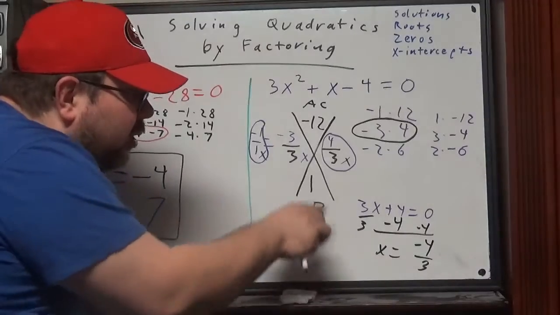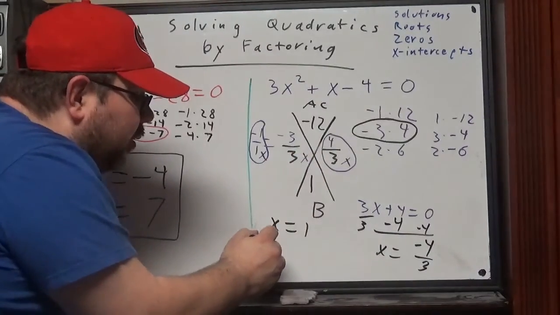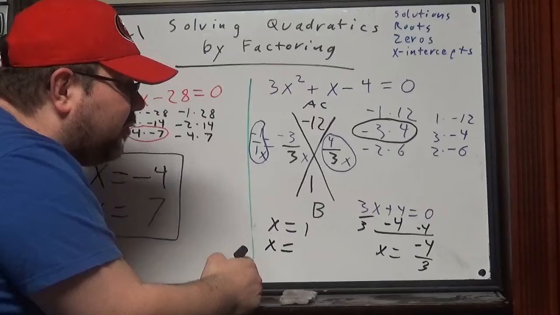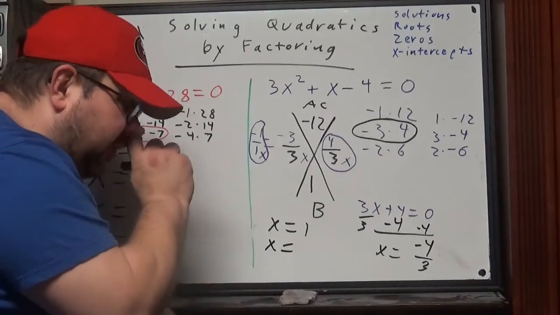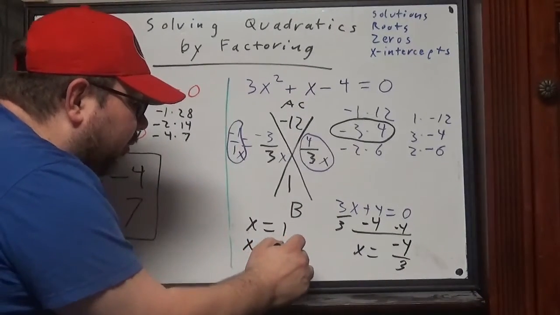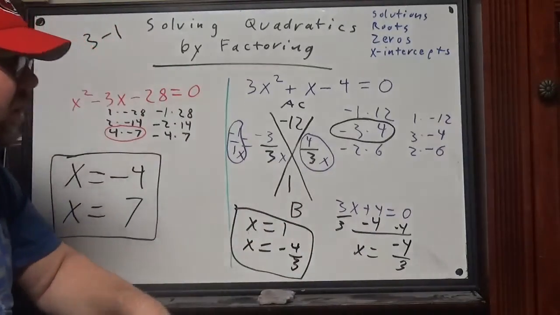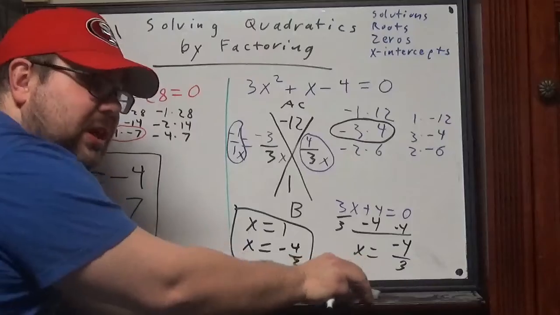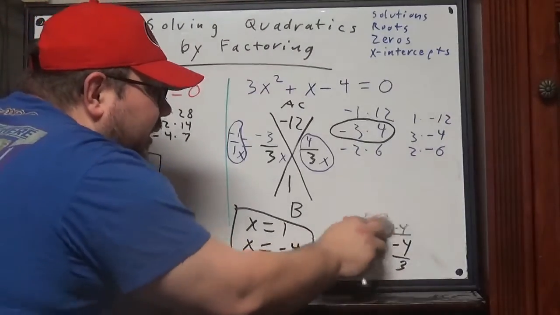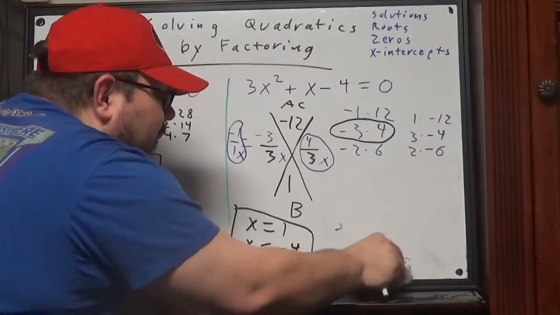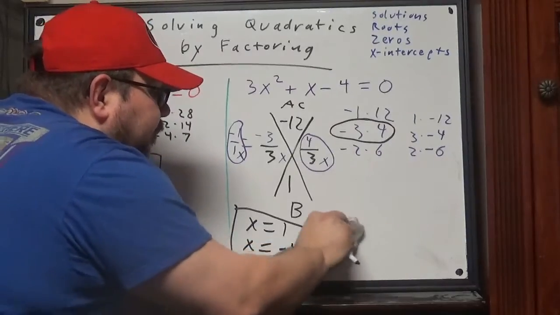This part, I have 4 over 3. If I flip the sign of positive 4 over 3, I get negative 4 over 3. I don't have to do this two-step equation. That's kind of the reason I went through it kind of quickly. We don't need to do that.